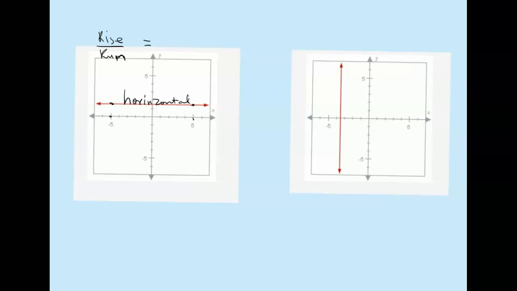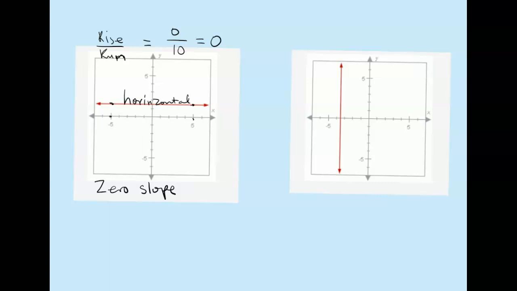So we are rising 0, and we are running 10, and 0 divided by 10 is 0. So anytime we have a horizontal line, realize that this is a 0 slope.